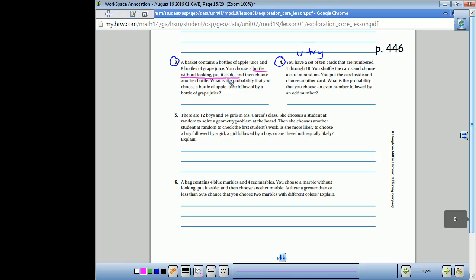We are drawing something and we're putting it aside. We are not putting it back. Independent, dependent. Dependent. Not putting it back. So, what is the probability that you choose a bottle of apple juice followed by a bottle of grape juice? Well, the first draw is 6 out of 14, because 6 are apple out of the total of 14.